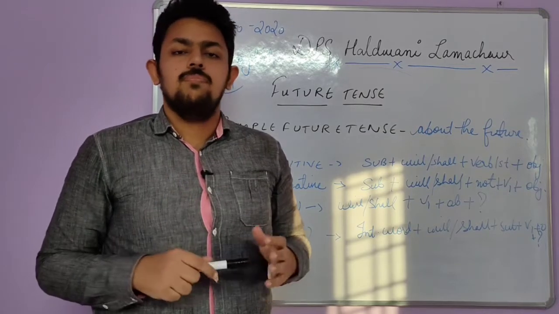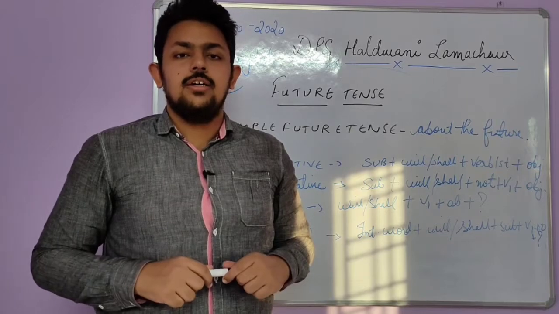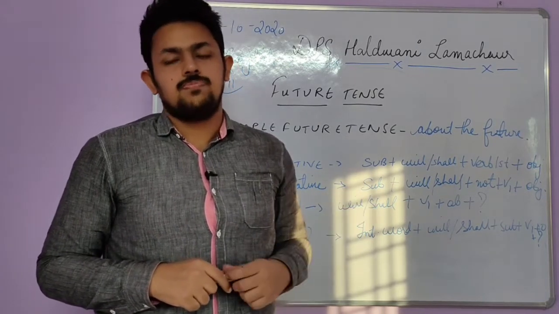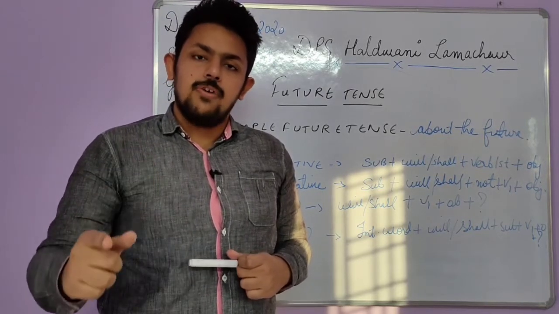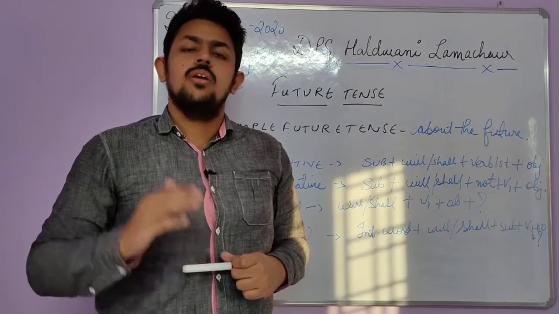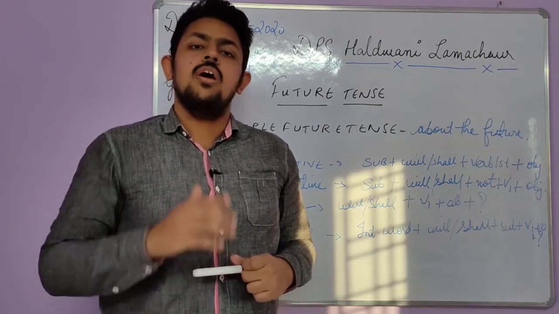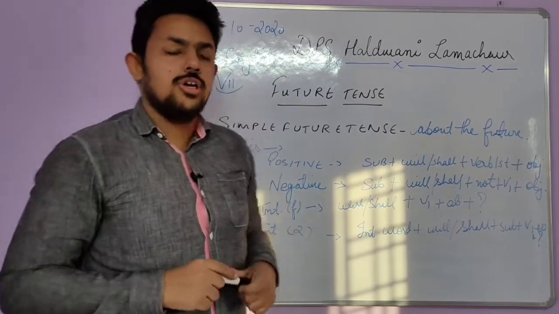Third one will be what? Present perfect, you are correct. Then past perfect, then future perfect. The last form is present perfect continuous, past perfect continuous, future perfect continuous. Yes, you got it now.